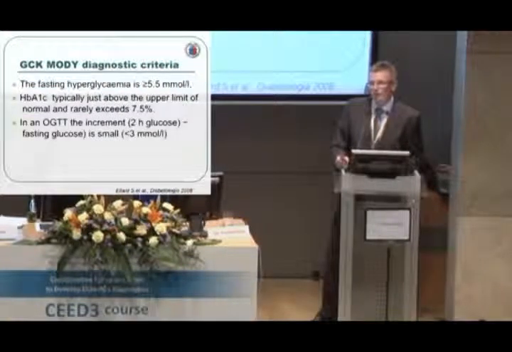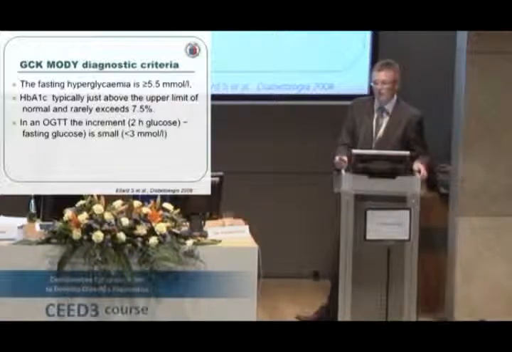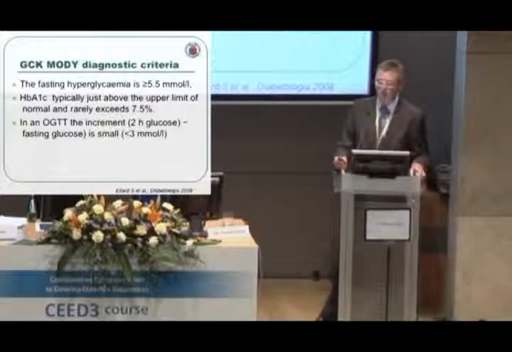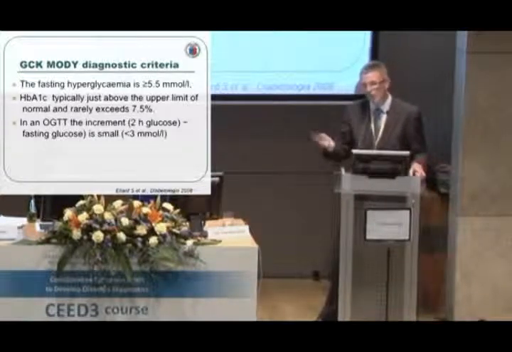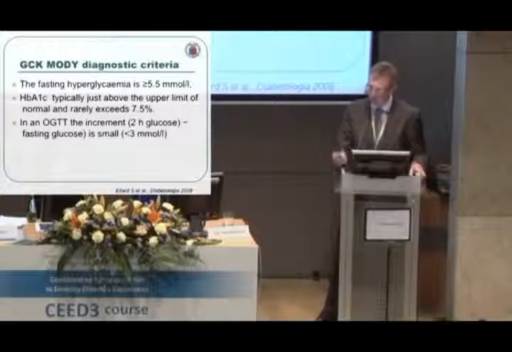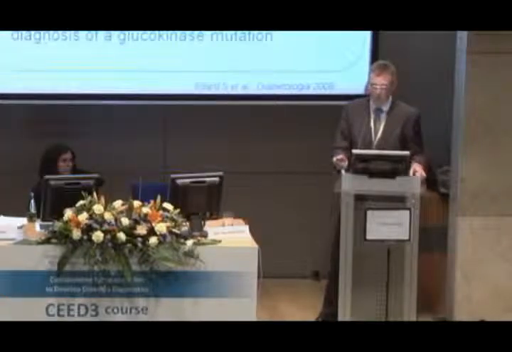Typical clinical features related to GCK MODY include fasting hyperglycemia above 5.5 millimolar per liter. HbA1c typically is just above the upper limit of normal range, rarely exceeds 7.5, but I will show you cases with higher HbA1c levels. In an OGTT, the increment is usually small, less than 3 millimolar per liter.